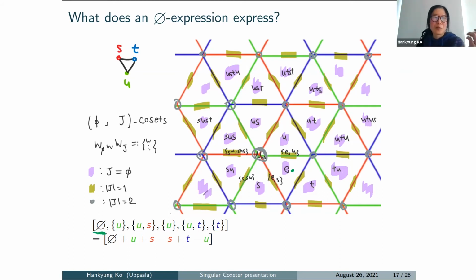And you take the smallest possible coset that has empty on the left and empty on the right. That's this part. So you start here. That's where you start.